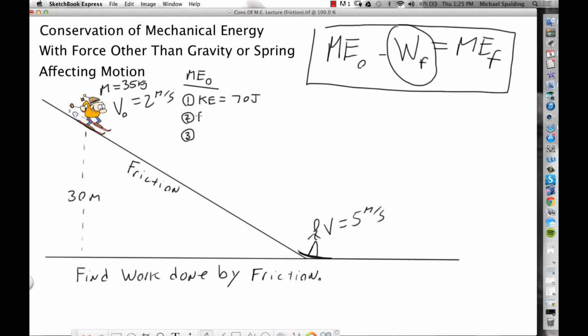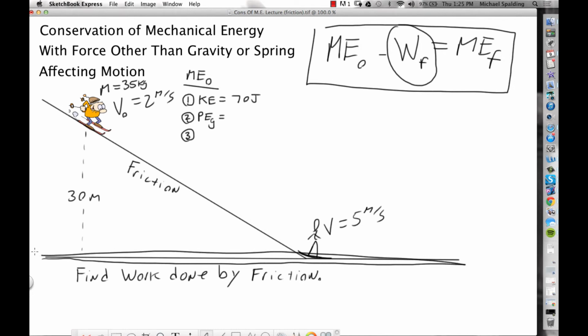Okay, does he start with potential of gravity? Yes, with the 0 point being down here. Here's the 0 point, down there. Does he start with potential of gravity? Yeah, because he's above the 0 point. mgh, you plug that into your calculator, you're going to get 10,290 joules. All right, the third form of mechanical energy is potential energy of spring.